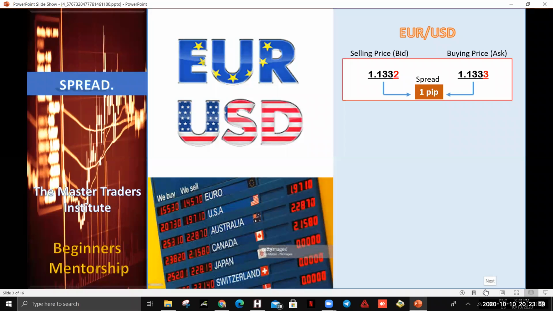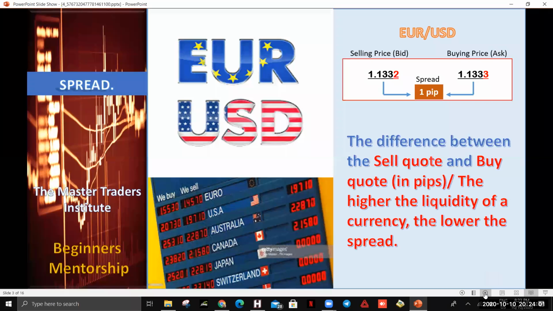By the time we are going further, you understand how it works. The spread is the difference between the sell quote and the buy quote in pips. The higher the liquidity of a currency, the lower the spread. Let me explain that. The higher the liquidity is, the more people are actually trading that currency pair, so it has a lower spread.